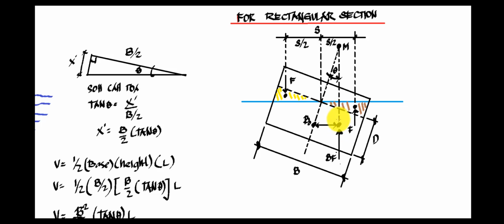Now we have also the given size of the block, which is the letter B, the length. Then we have also the depth or the draft, how much is submerged in the water.